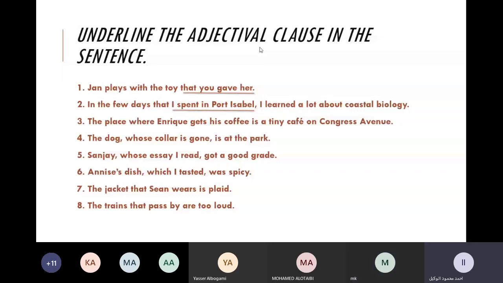I'm sorry, guys. You need to underline that also. I just missed stretching the line. So here, starting from that to Isabel. So the adjectival clause will start with that, who, which, where, when, whose, and what. Okay, guys?